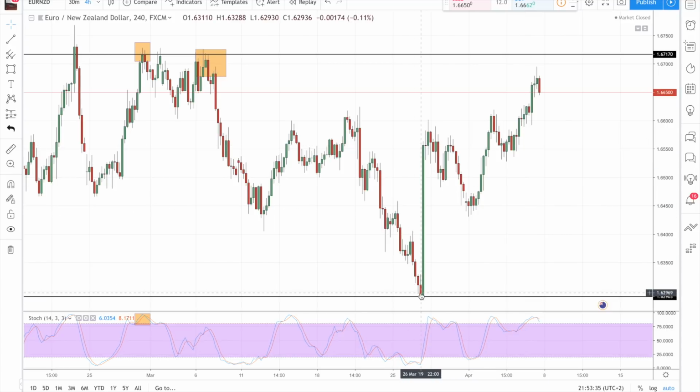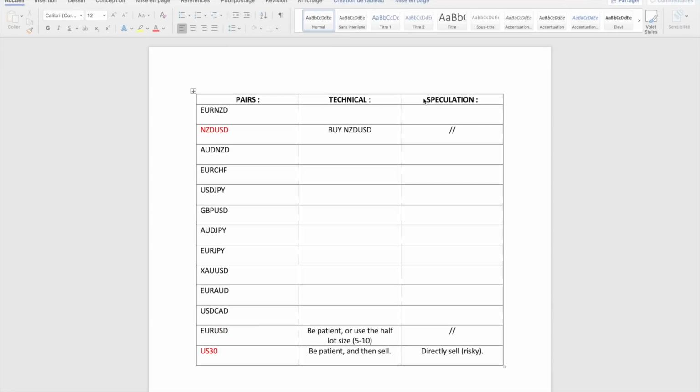By the way, if some of you are wondering why we have this huge candle, it was because of some news. They decreased the interest rate for the NZD. So yeah, here we are. That's why EUR/NZD is not interesting. So nothing at the moment and nothing regarding the speculation.